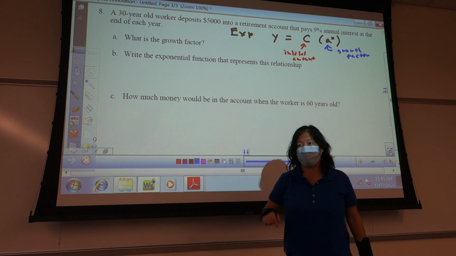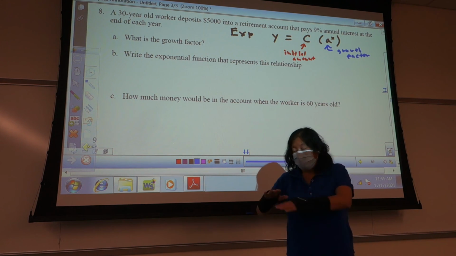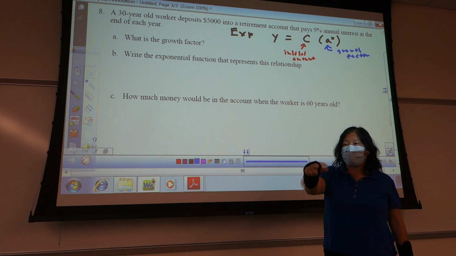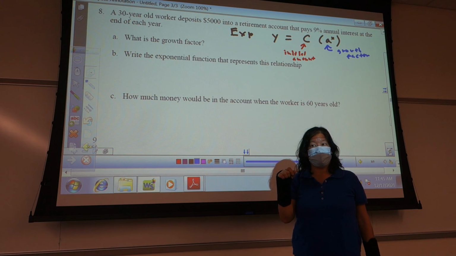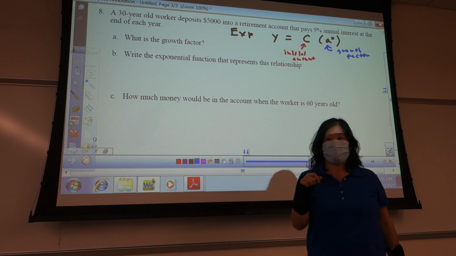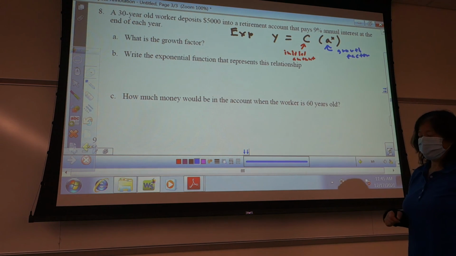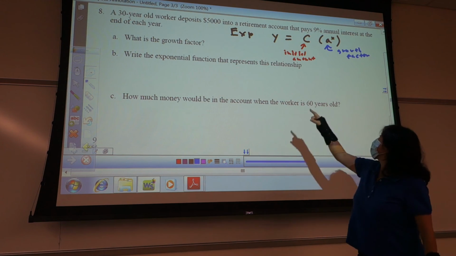That's also constant for this problem. We're not saying sometimes you'll get 9%, sometimes 11%, sometimes 7%. He's always going to get 9%. But that's his growth rate, not his growth factor. So the factor is 100 plus 9%, 109%, converted to a decimal.